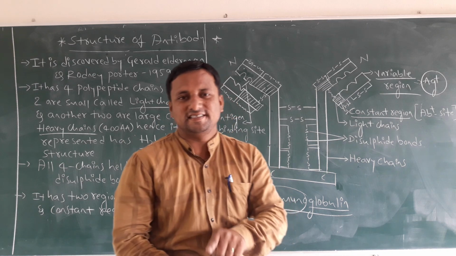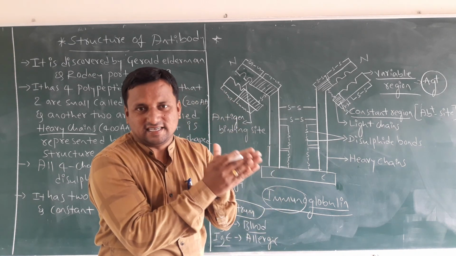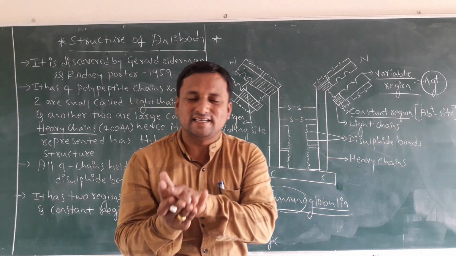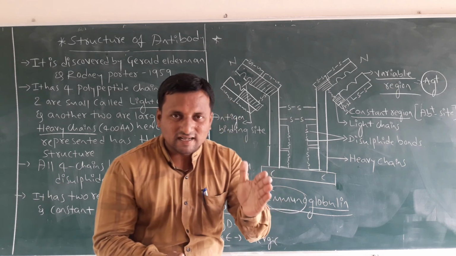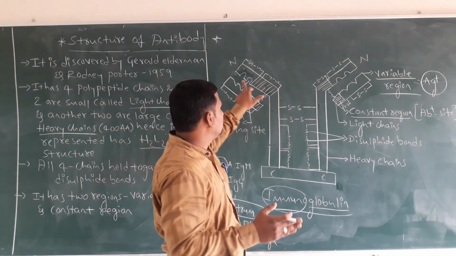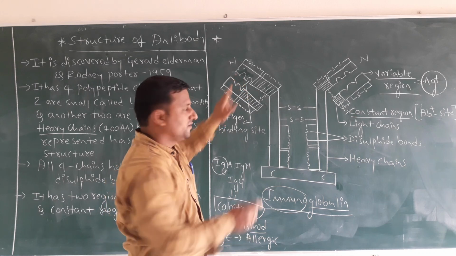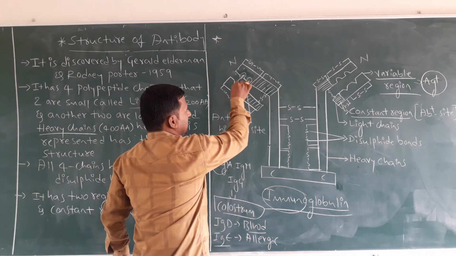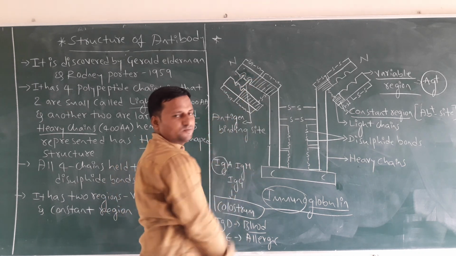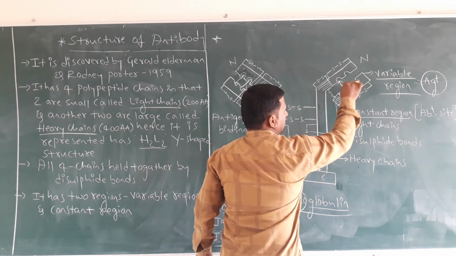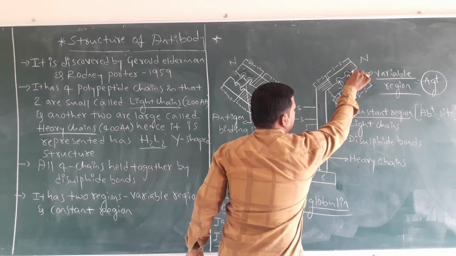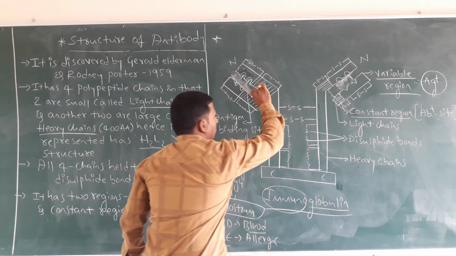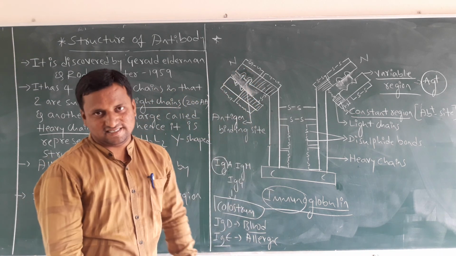Antigen binding site. All types of antigens, antigen A and antigen B, are responsible for attaching to this region. Here is the region, na? That's the attachment region. Here also, and in this middle region, there is the attachment of the antigens.